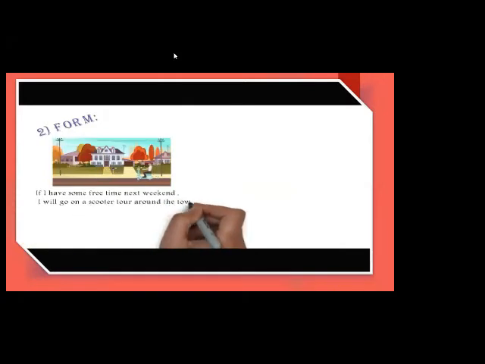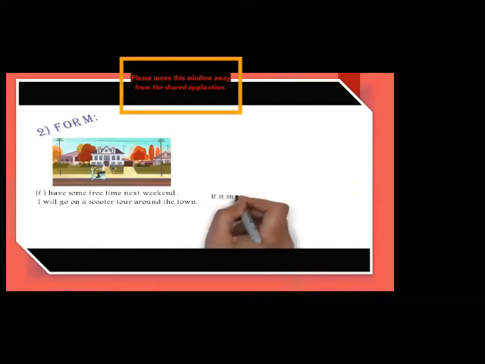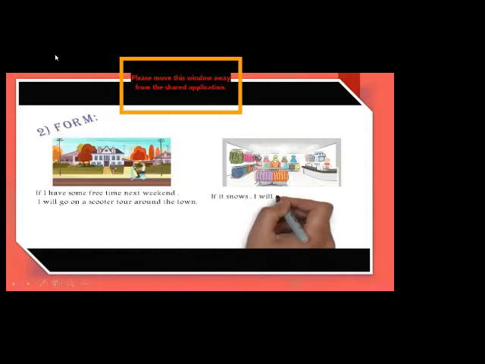Now let's move to the form based on examples from the animation. If I have some free time next weekend, I will go on a scooter tour around the town. If it snows, I will not go on a picnic.